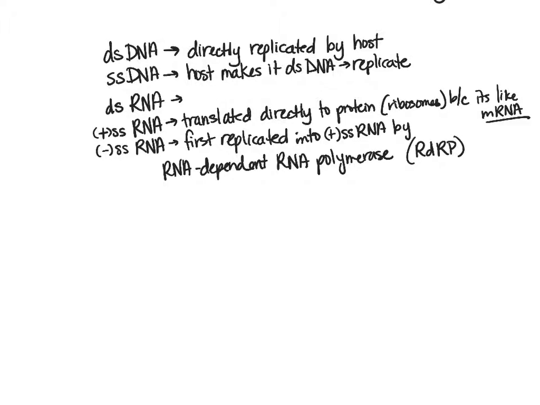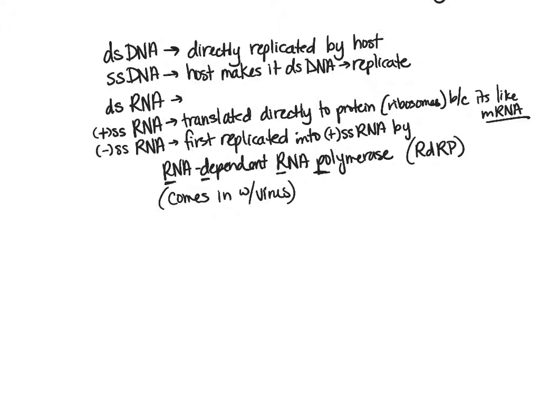RNA-dependent RNA polymerase actually comes in with the virus. So the virus itself, if it's a negative single-strand RNA, is also going to have RNA-dependent RNA polymerase, or RDRP.